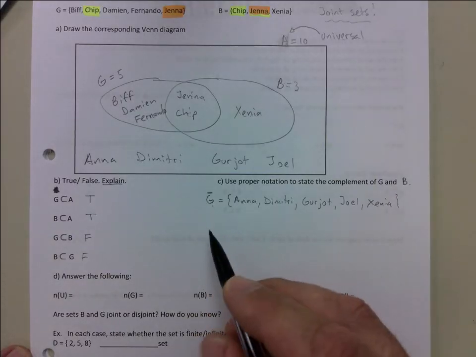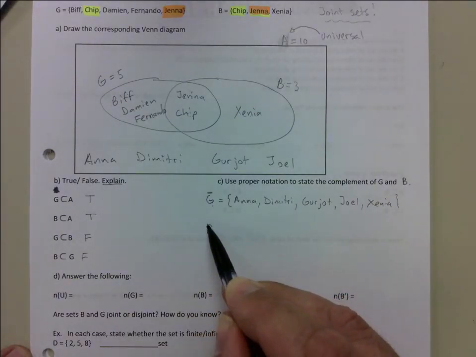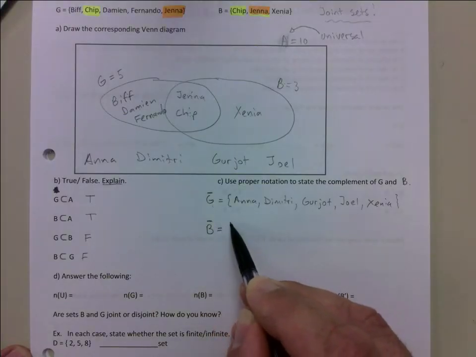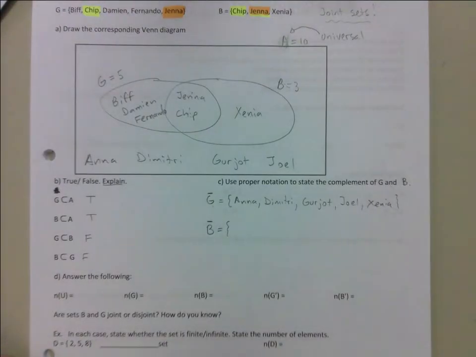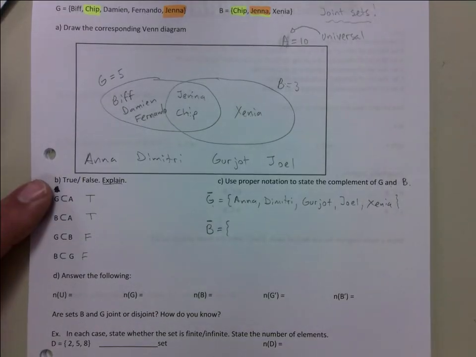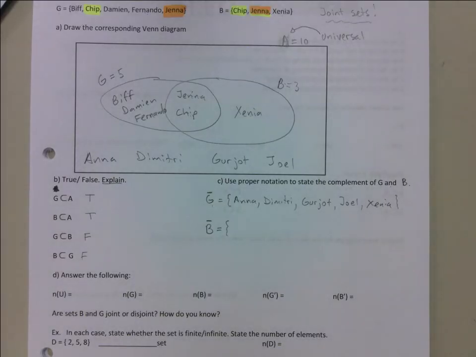I want you to now write what is not B. If I ask you to write out the complement of that, can you do that? Give it a try. Just cover up B and write out.